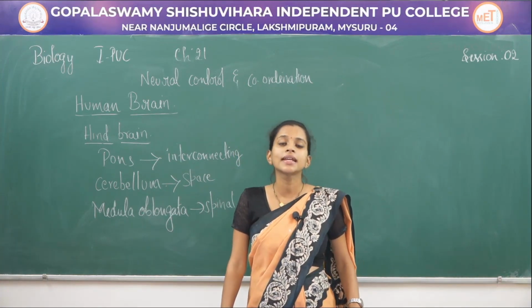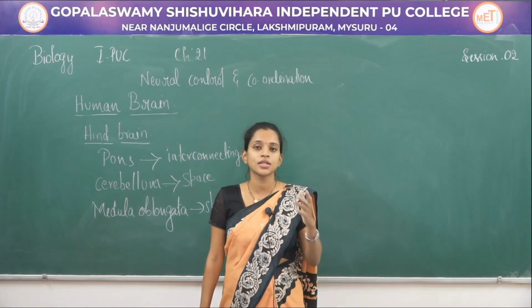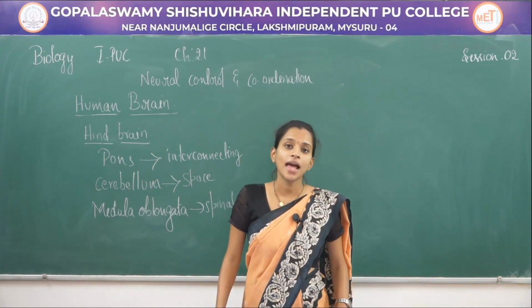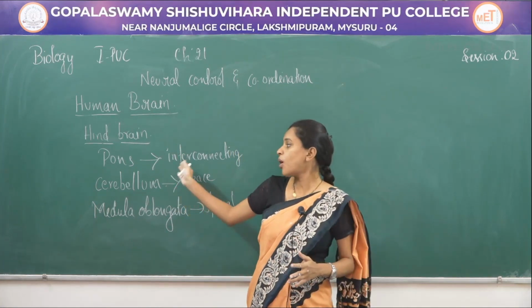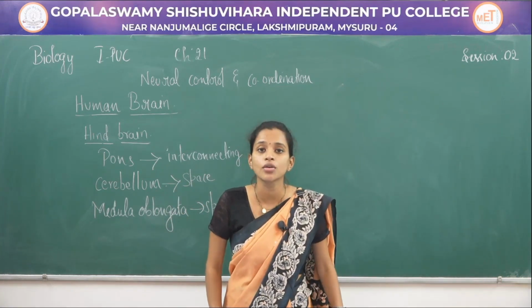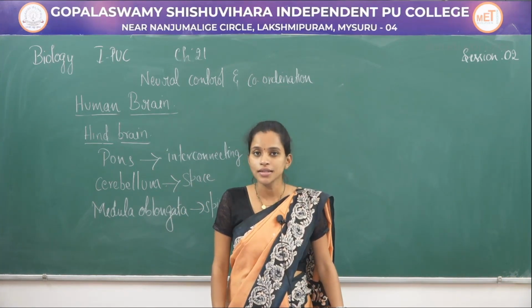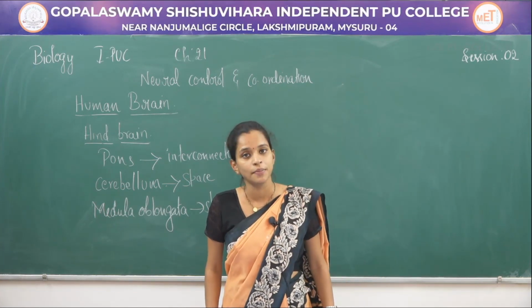Whereas the midbrain is divided into corpora quadrigemina, through which passes a canal called the cerebral aqueduct. The hindbrain is divided into pons, cerebellum as well as medulla oblongata, which regulates the organs and organ systems. So, that is in detail about the human brain.